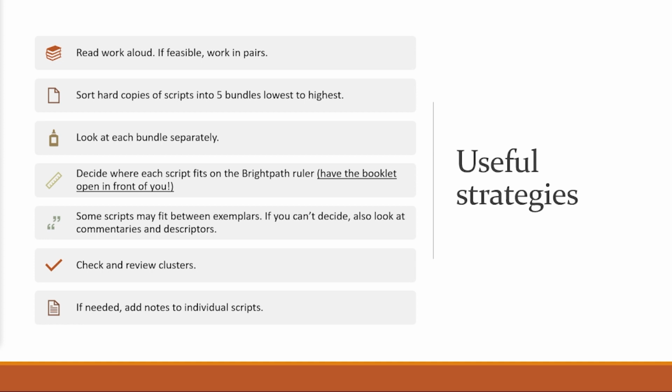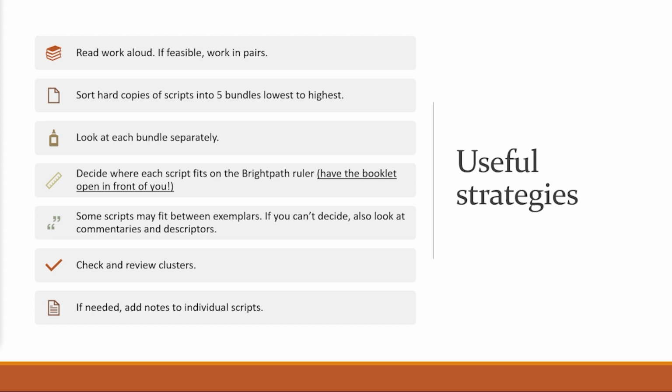Decide where each script fits on the scale. Have the booklet in front of you. And perhaps write down your scores, so once you're entering the scores into the software, you don't have to go through deciding what score you gave. Now, some scripts may fit between exemplars. Have a look and decide, is it slightly better, is it slightly weaker?